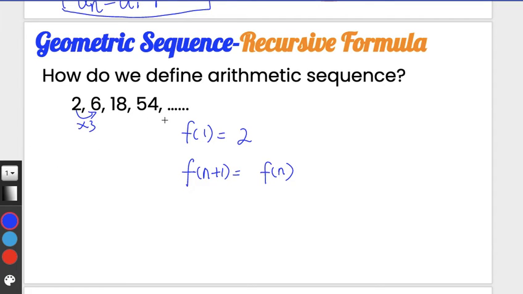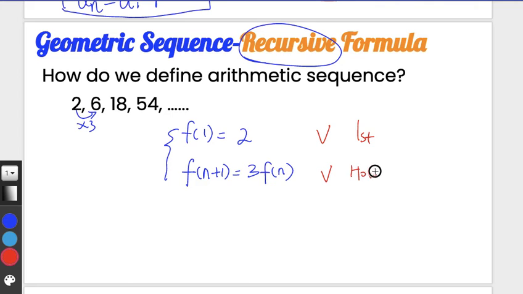In order to get the next term, we need to multiply by 3. That's it. That's the recursive formula. We always indicate the first term, and also we need to tell how to get to the next term. As long as you answer these 2 questions, that's our recursive formula.